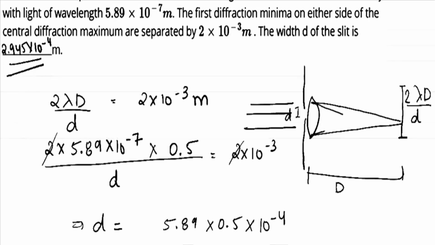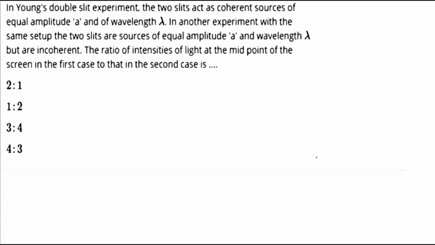The question is, in Young's double slit experiment, two slits act as coherent sources of equal amplitude A and wavelength lambda. In another experiment, with the setup of two slits as sources of equal amplitude A and wavelength lambda, but are incoherent.